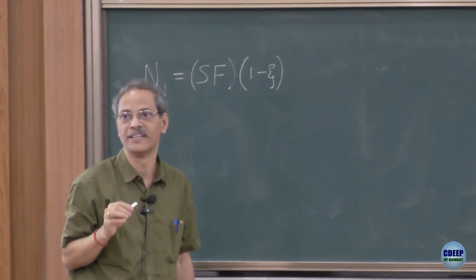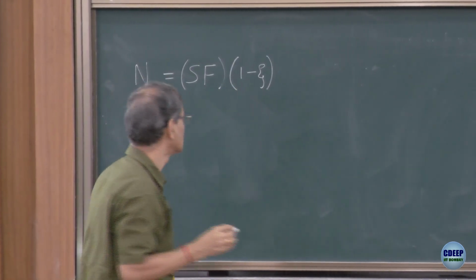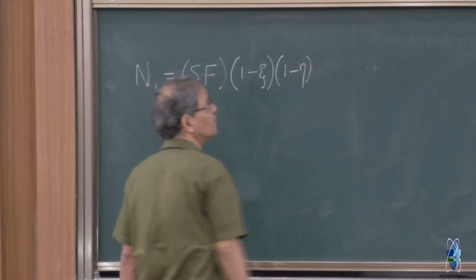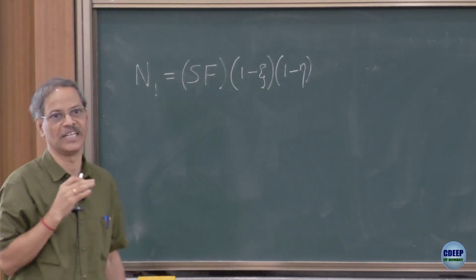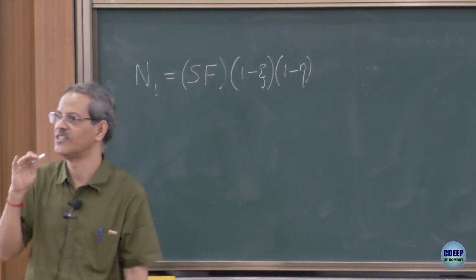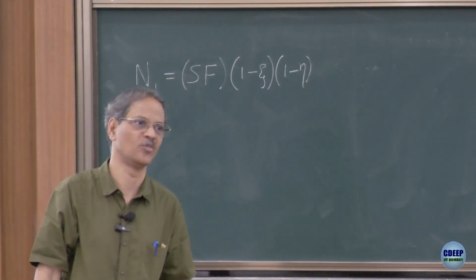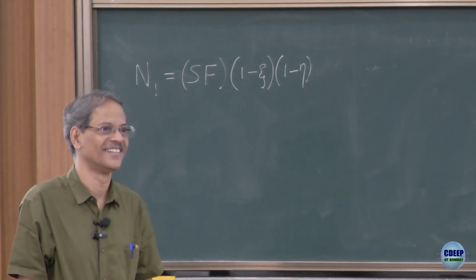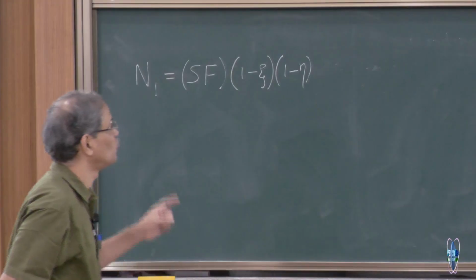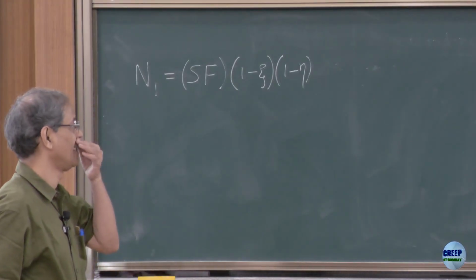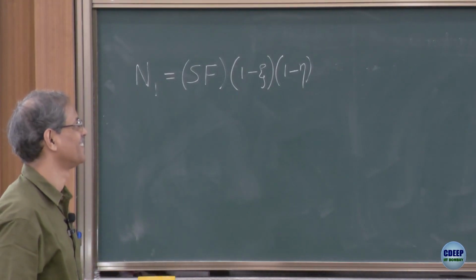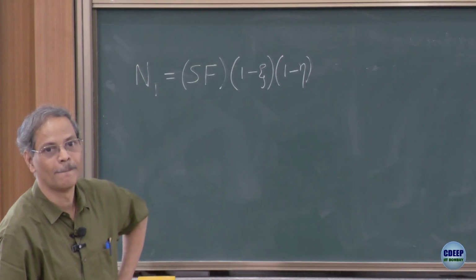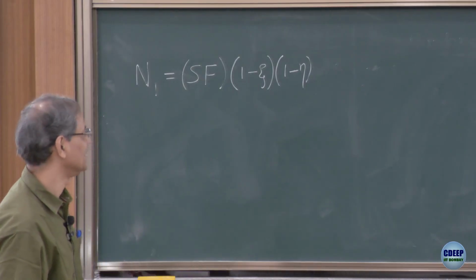Then 1 minus eta will take care of 374, because that edge is eta equal to 1, or 1 minus eta equal to 0. But then we still have 5 and 8. 5 and 8 is what? Multiply by zeta, multiply by eta.